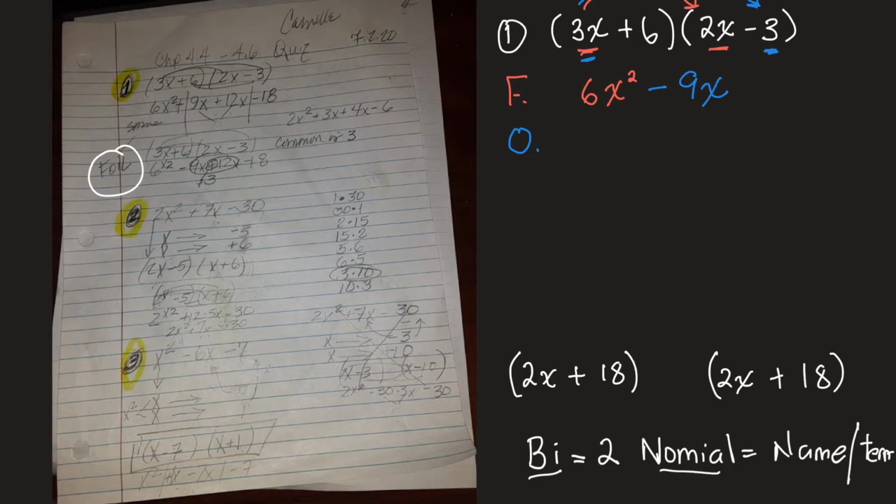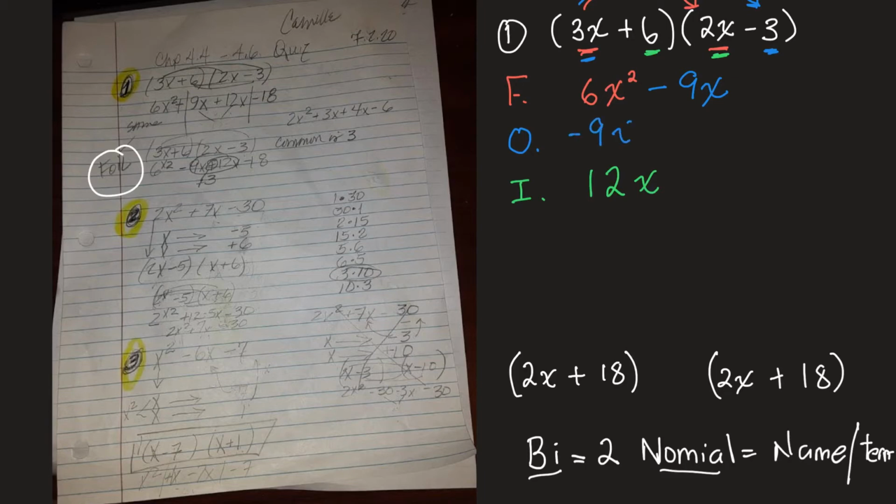And then your inside terms, which would be the ones right next to each other here, 6 times 2x. So 6 times 2x is going to give you 12x. I should have put that 9x down here. I'll just put it down here.